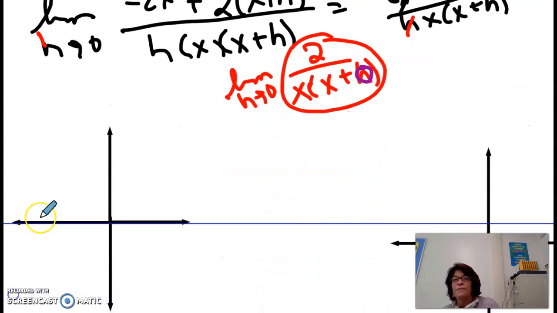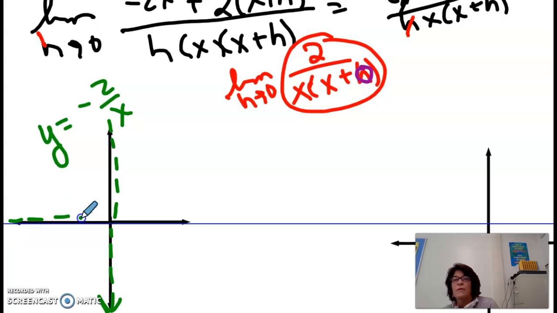Let's graph it. If I graph our function, negative 2 over x, of course we have these asymptotes. It's our rational function here. When I put 1 in, I'm at negative 2. 2 in, I'm at negative 1. Okay, we get the idea. We know what rational functions look like.